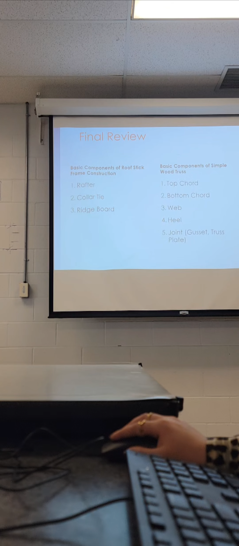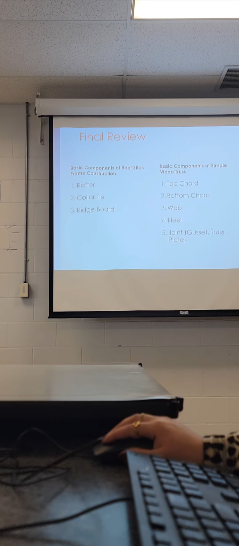So for roofing, I might ask about terminology. Do you remember the terminology? Actually, I might ask: this type of construction adds height to the exterior wall to allow space for insulation.